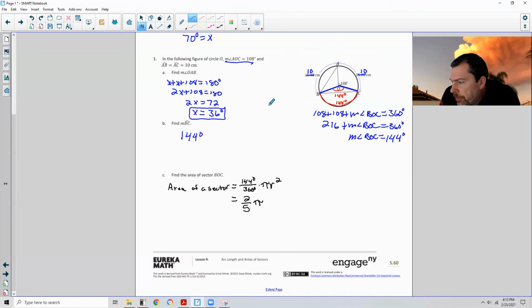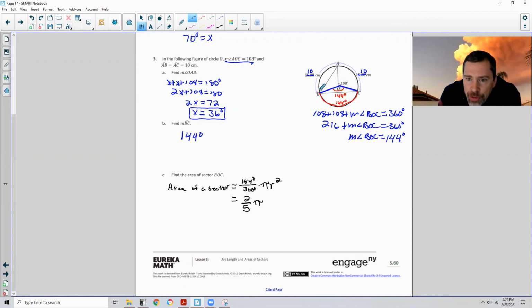Let's see, did it give the radius? Okay, so they did not give us the radius. I'm chuckling here because I paused the video and I calculated it with the given information.